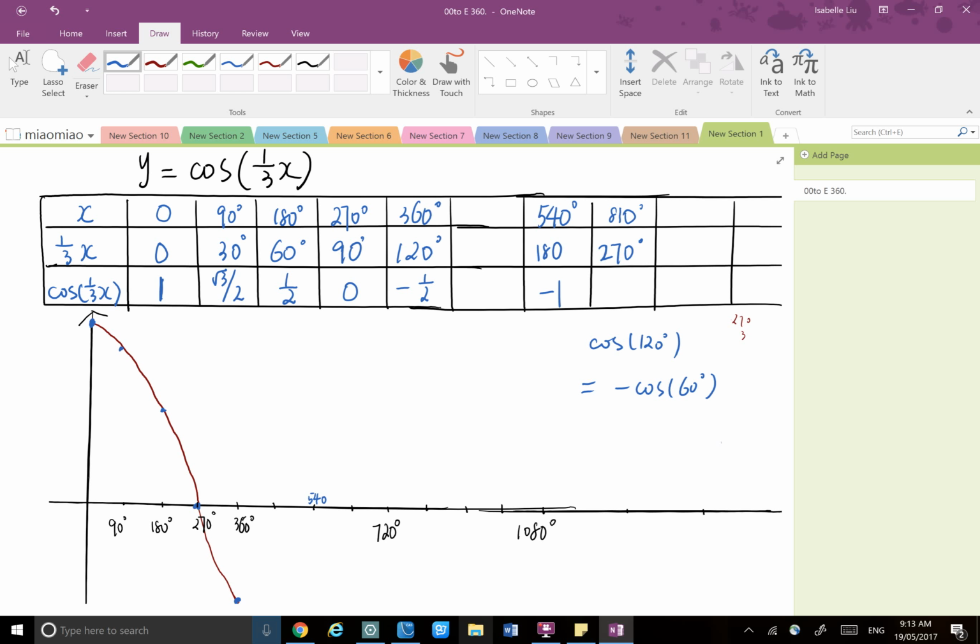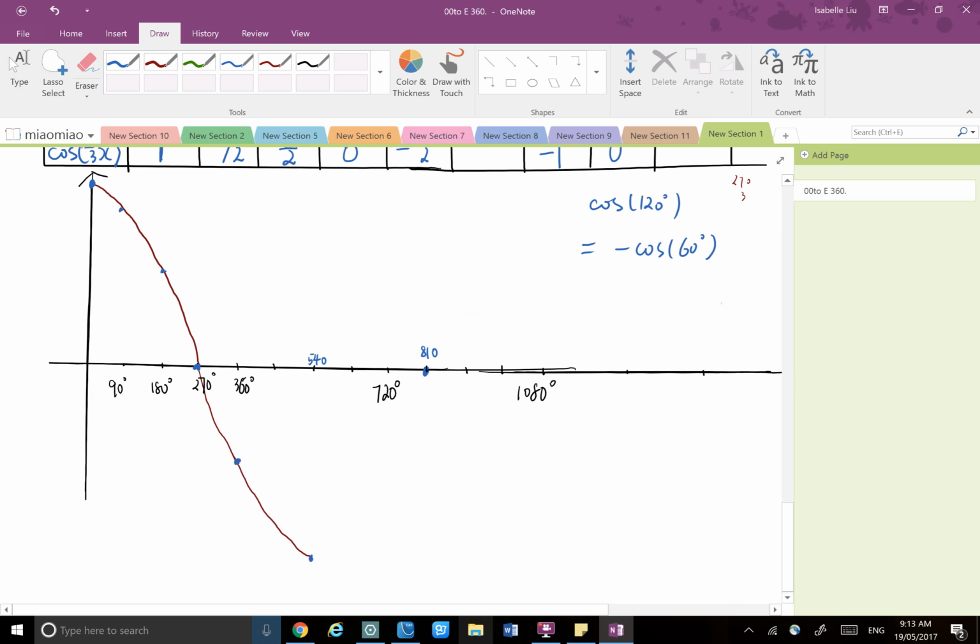Okay, 270 gives you 0. So at the point 810, you have 0. Okay, the point is here. So your graph will come back to here.